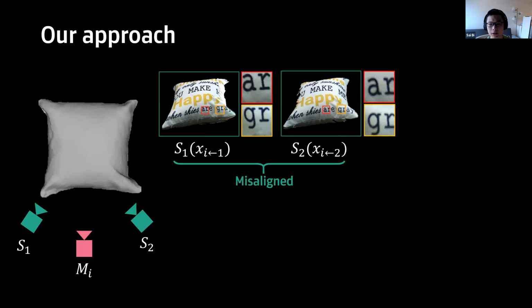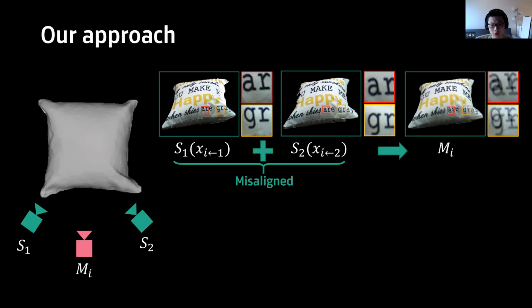Due to the inaccuracies in the geometry, camera poses, and optical distortions, these two projected source images are typically misaligned. For example, the insets show that the positions of the characters AR and GR in the two projected source images are different. Therefore, combining these projected source images produces a texture map with blurring and ghosting artifacts.